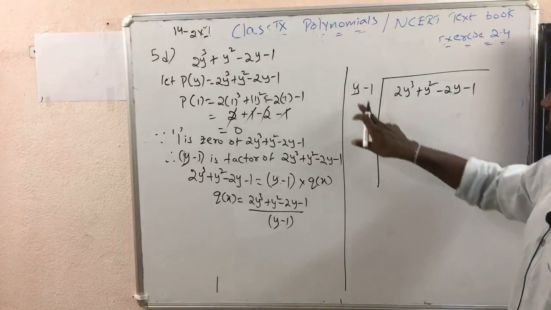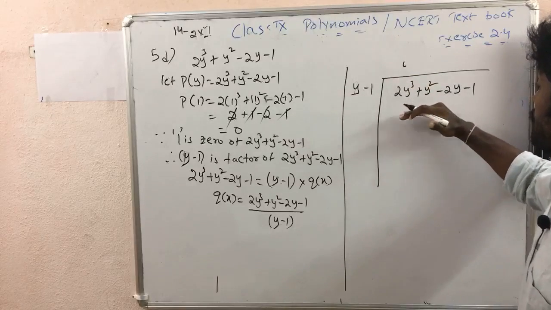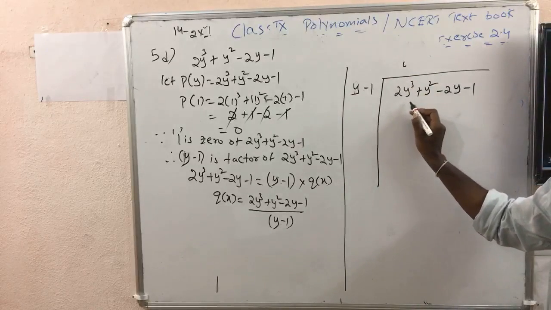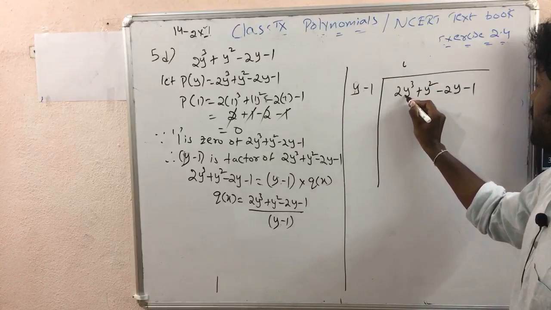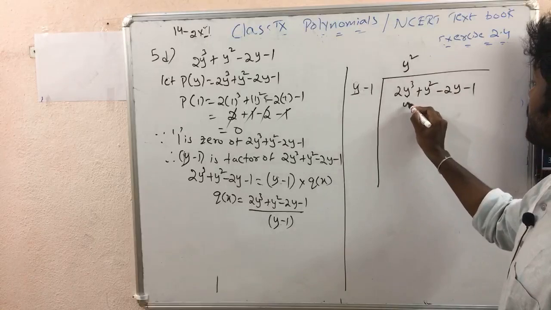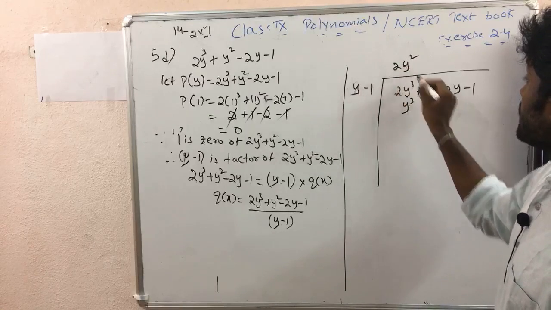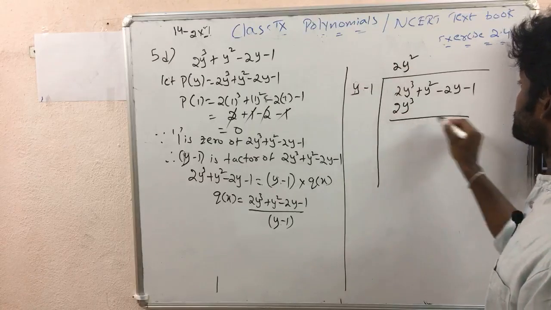Okay, now see once, always when you are going with polynomial division, concentrate on the first term. Here 2y cube, that means y cube. Y should be multiplied with y square, you will get y cube. The quotient is 2, here 1, so 1 into 2 you will get 2y cube.